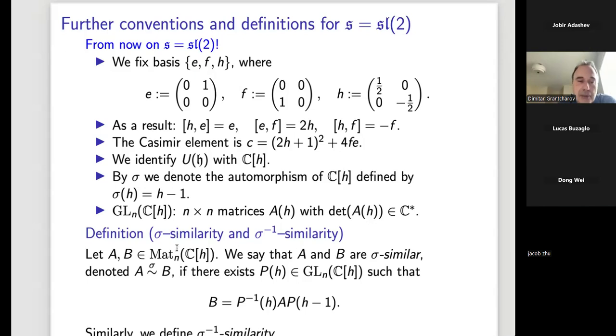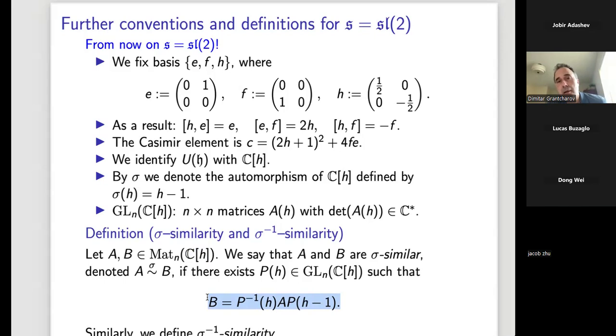Of course, sigma similarity and regular similarity coincide if we consider just scalars here. But this is the condition for sigma similarity, and this condition appears a lot when isomorphism theorems are studied and obtained.